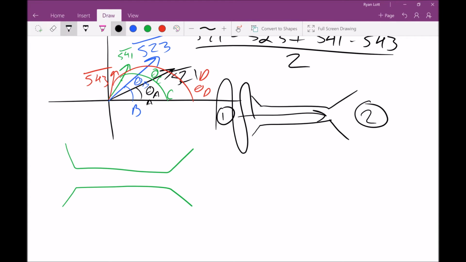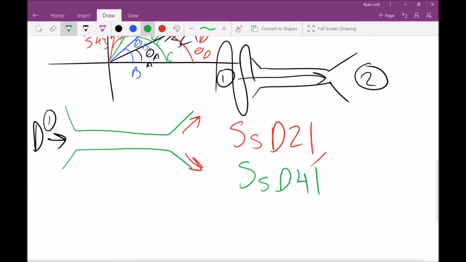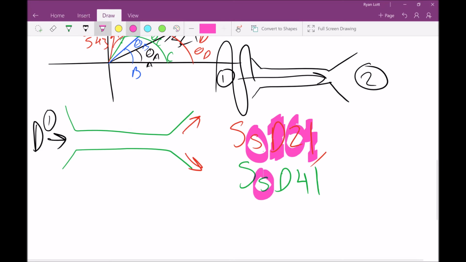In my opinion, the best thing to think about is that you're shooting a differential signal into differential port 1, and you're looking at the individual single-ended outputs, otherwise known as SCD21 and SCD41. Like I said, we're shooting a differential input into port 1 differentially, and we're seeing how much we're getting out on port 2 and port 4.